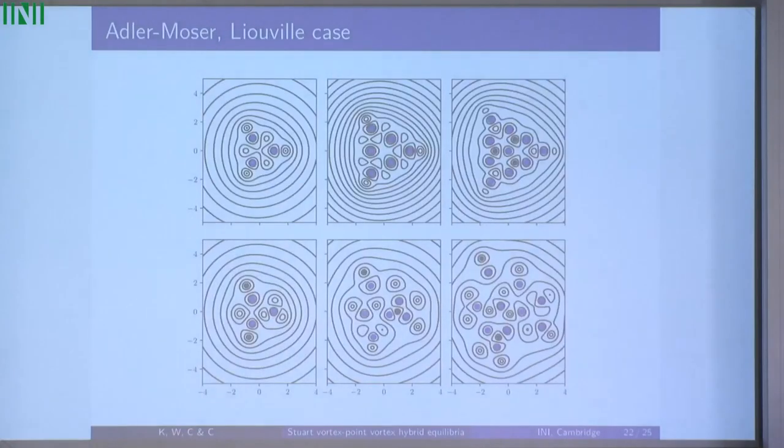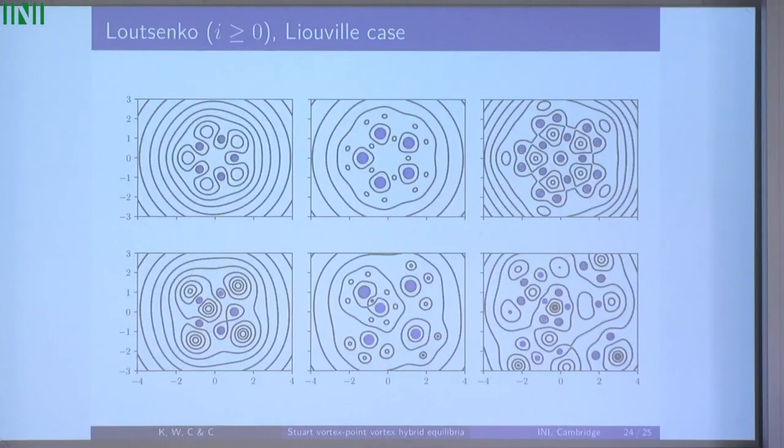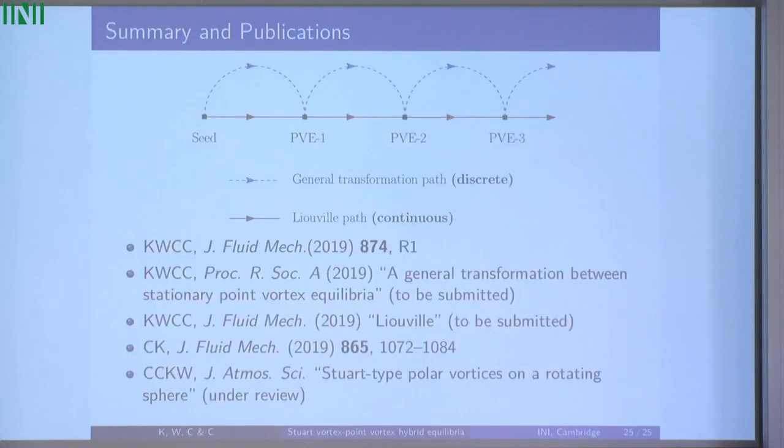For each of the point vortex equilibria I showed, you can be somewhere in between on that red line, and you can produce these equilibrium solutions. Now they are not irrotational. Everywhere there is Stuart vorticity. You can do this for all these cases, and we can look at figures until the night, I'm afraid.